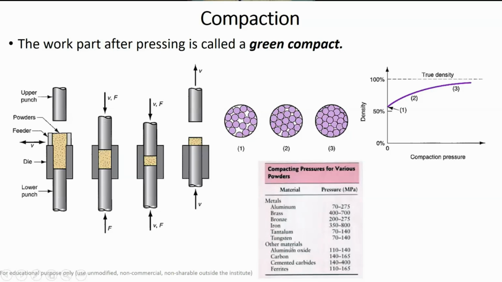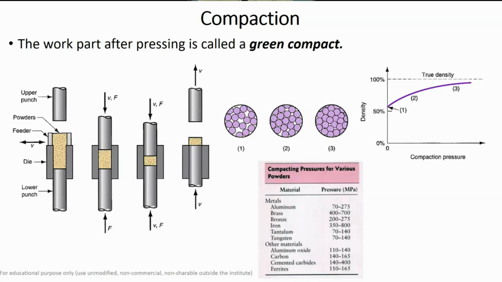Similarly, for ceramic materials like aluminium oxide, carbon, cemented carbides and ferrites, you have these compaction ranges, under which the powder can be easily compacted and you can achieve 80 to 90% of the theoretical density.